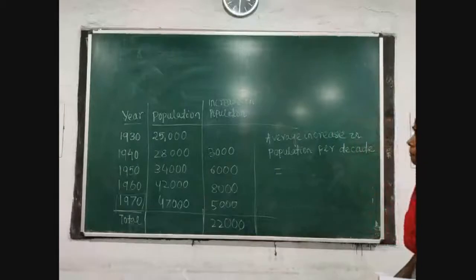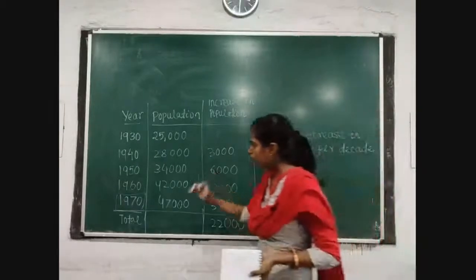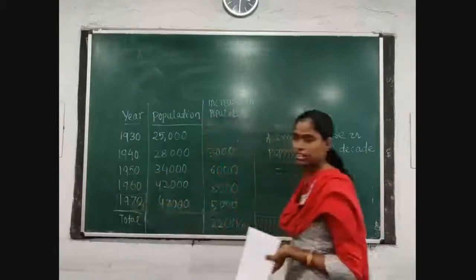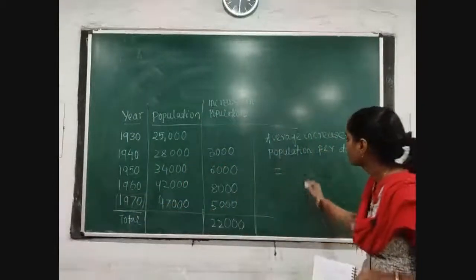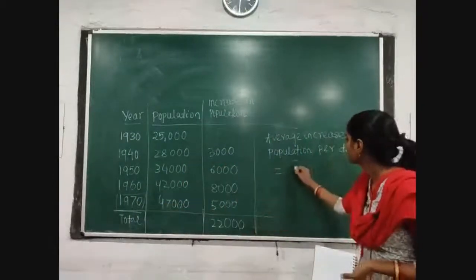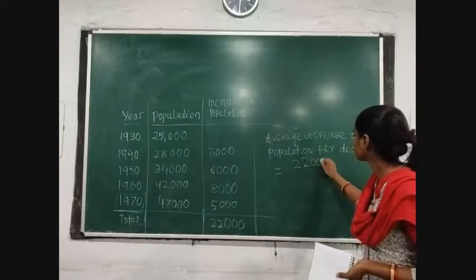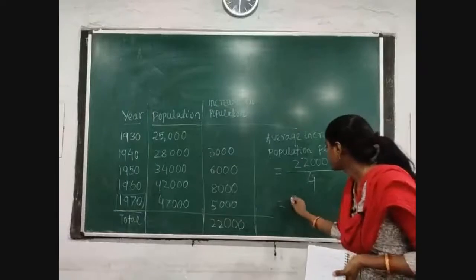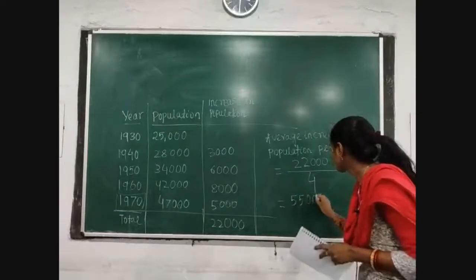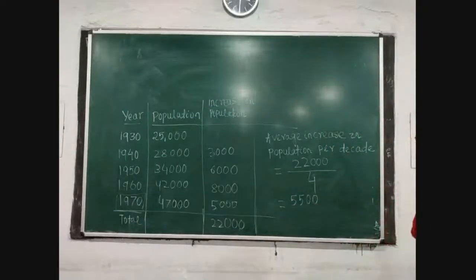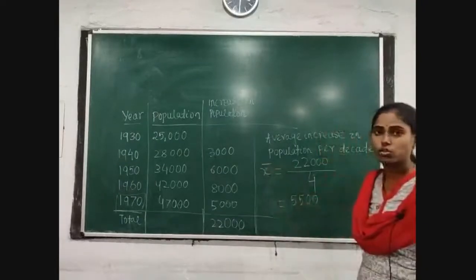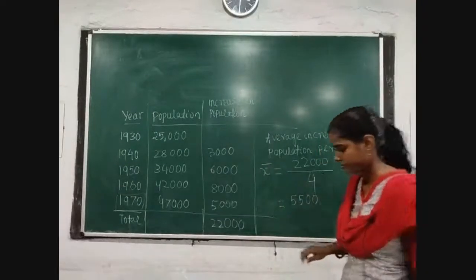How to get the average? We add up these 4 values and get 22,000. There are 4 decades starting from 1930 to 1970. So the total value is 22,000, and when it is divided by 4, we get the average increase in population per decade as 5,500, and this is the x bar.